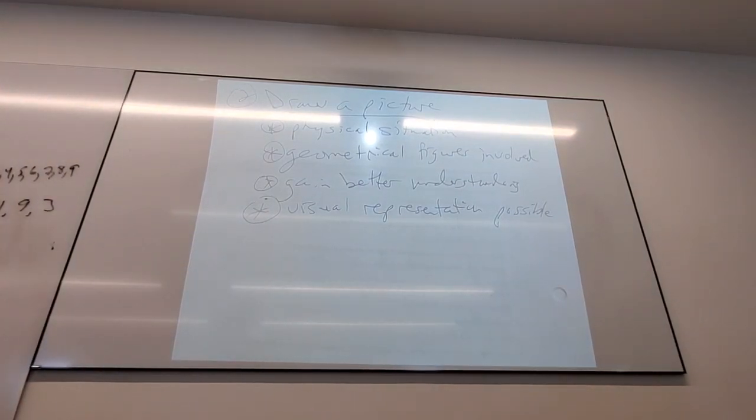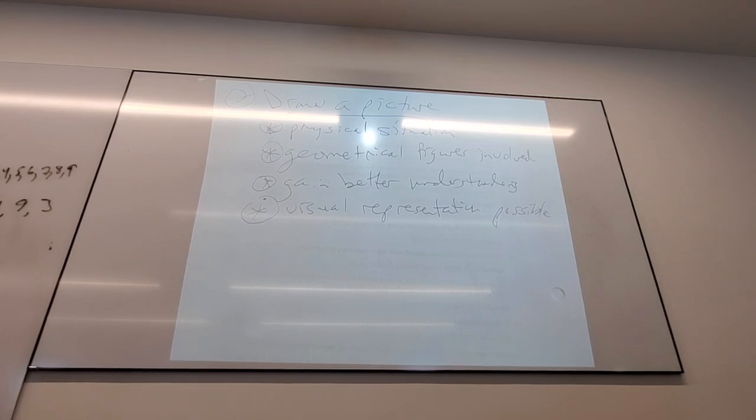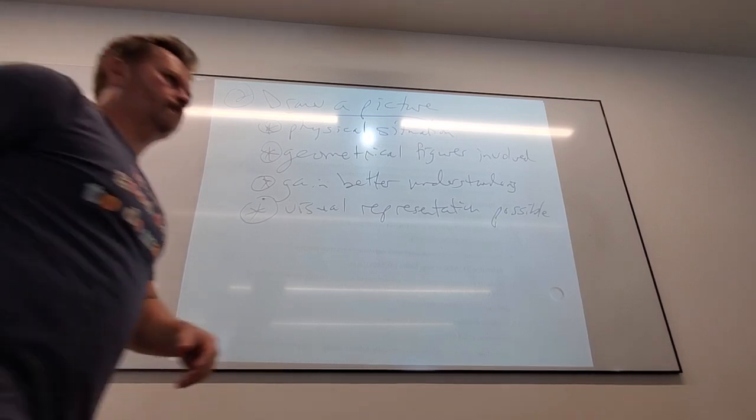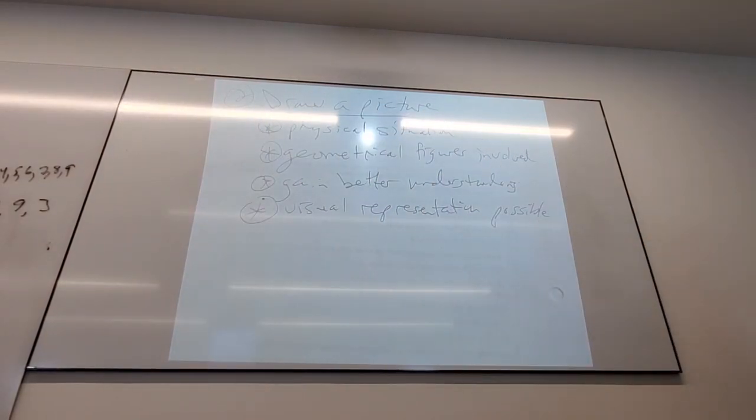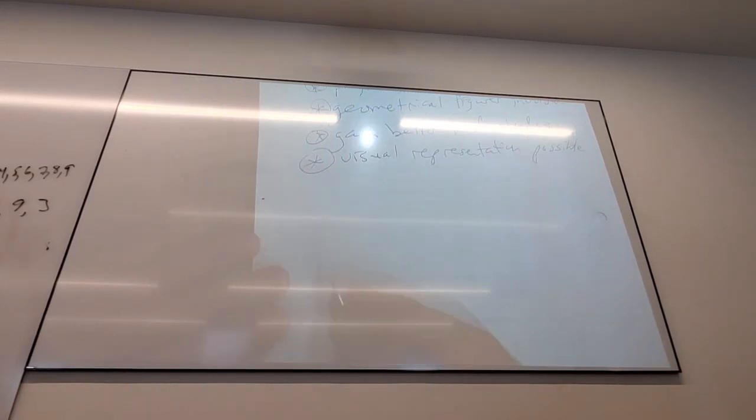Some of these approaches are going to be used together to solve a bigger problem. So like I said, very often drawing pictures is the first thing you do. And then the one we used just a minute ago: use a variable.